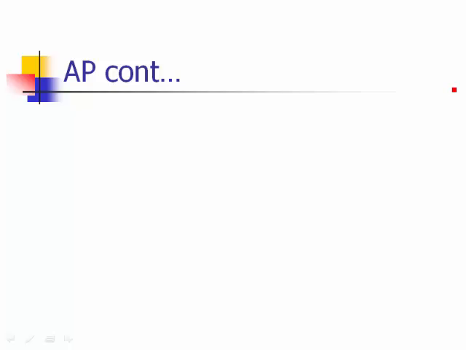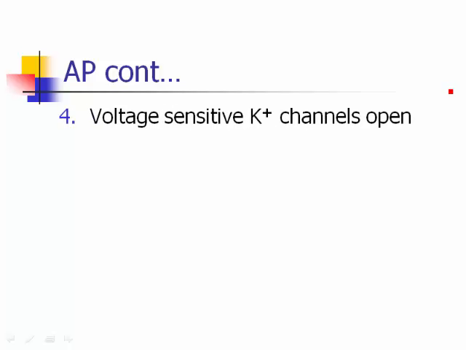Okay, so let's see what else we have. Voltage sensitive potassium channels open at the plus 30. I'll just draw it again fast so you can see. Goes up, and too far, and down again. So this is our threshold.